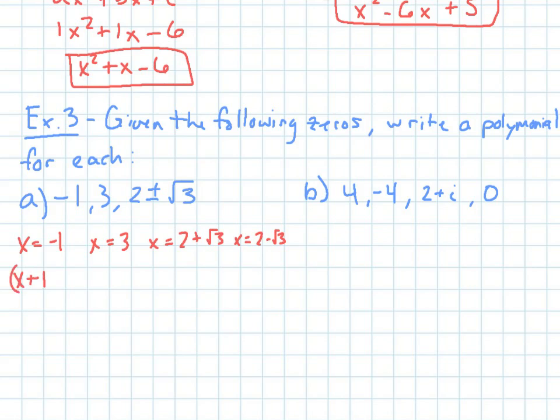It's like saying x plus 1 is equal to 0, x minus 3 is equal to 0, x minus 2 plus square root of 3 is equal to 0, and so on. So write them all as binomials and just multiply them all together.